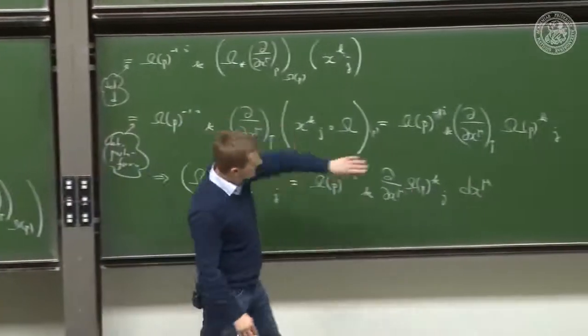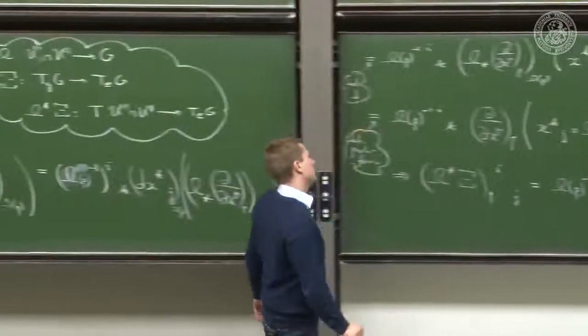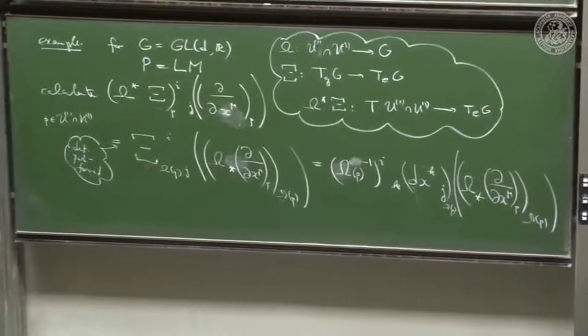Well, it's clear, because if I then act on this vector again, this is delta'd and has gone.